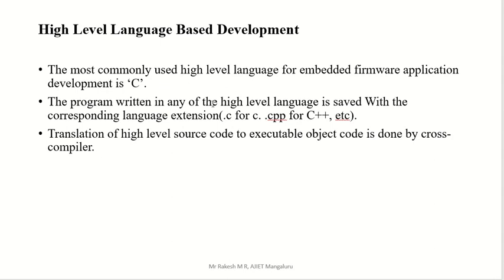A program written in any high level language is saved with the corresponding language extension, that is .c, .cpp for C++, etc. Any program written in a high level language we have to save in this format. You know about Python and Java; all are high level languages.